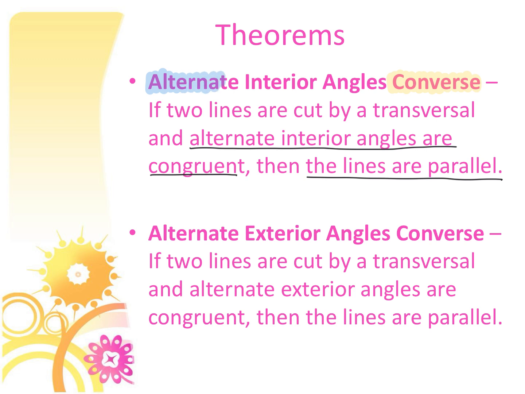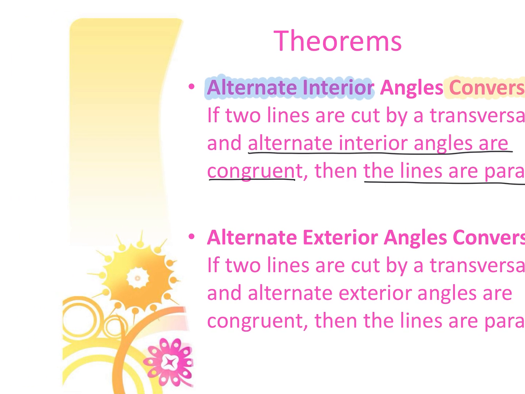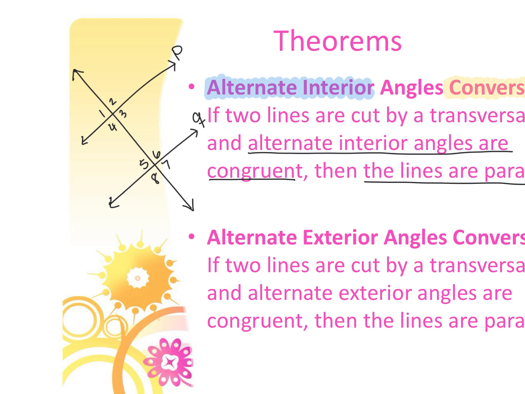I'm going to draw my alternate interior angles. Here is my transversal. Here are two lines cutting my transversal. Let's name the angles 1, 2, 3, 4, 5, 6, 7, 8. Let's name this line P and line Q.